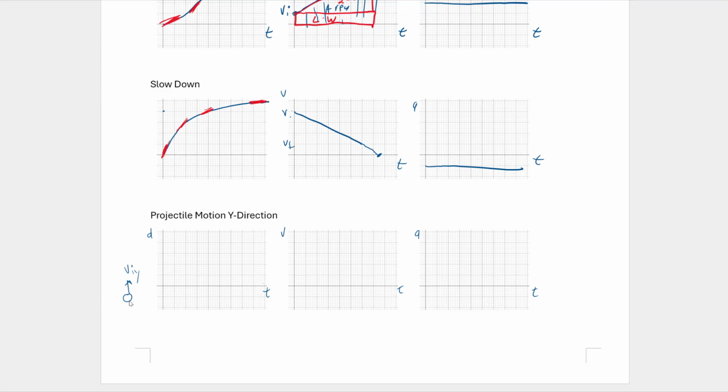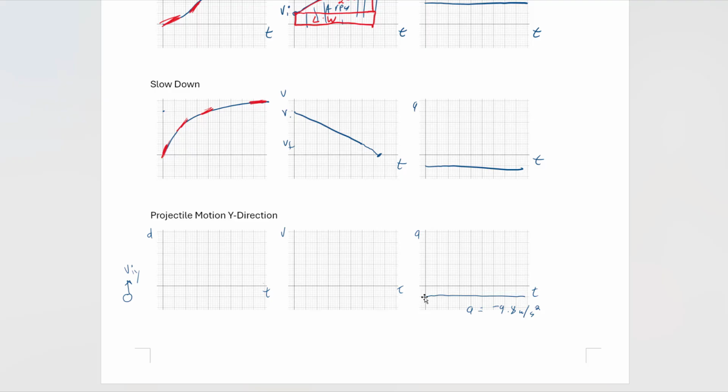So this is either an object that's being shot straight up, or maybe it's being shot at an angle, but we're only looking at the y component of the velocity. And again, it's easiest to do the acceleration first. So with the acceleration, it's going to be a straight line because the acceleration is equal to negative 9.8 meters per second squared. And the velocity, right, starts out being fast.